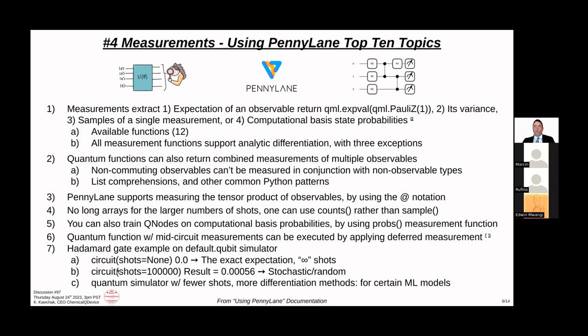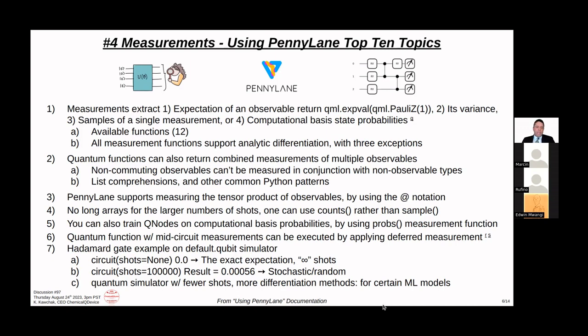Now, keep in mind this is all in a default.qubit simulator, but it showed the result after 100,000 shots is still not close to 0. It's this 0.00056. And it's a simulator, so it's simulating stochastic randomness, basically a probabilistic quantum computer.